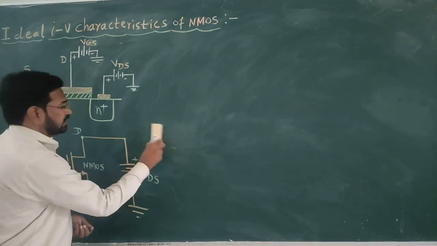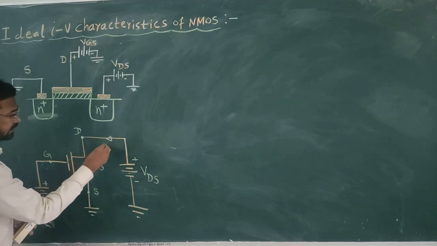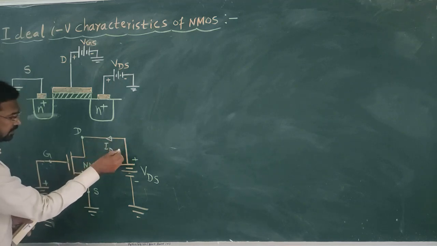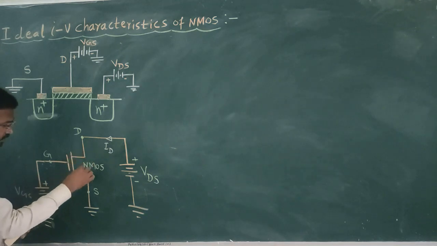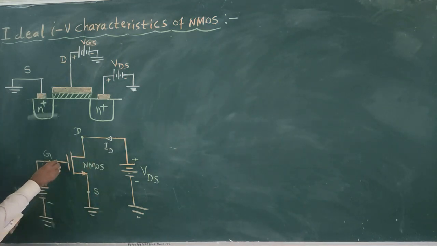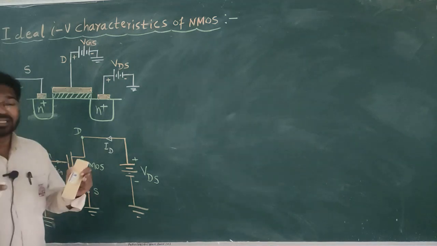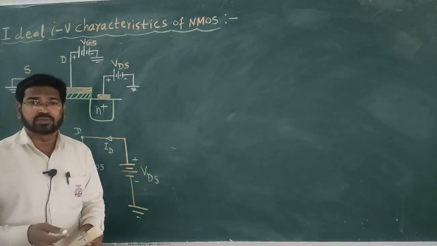Now, we have to understand the relation between the ID current flowing through the drain terminal, coming out of the source, and the gate terminal. So, what is the IG here? The gate current in a MOSFET is negligible, almost 0.